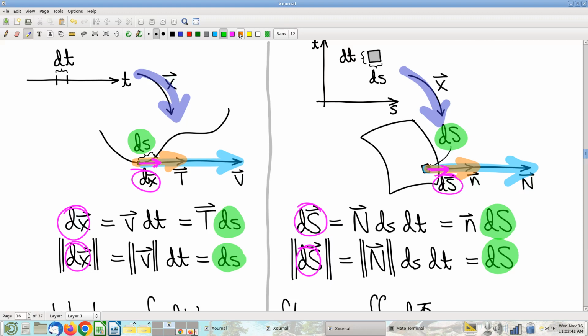We have the unit tangent vector there, the unit normal vector there. Again, notice how the layout is exactly analogous. We have the velocity vectors and the derivative of the surface parameterization, the capital N vector. So the analogy is extremely strong.